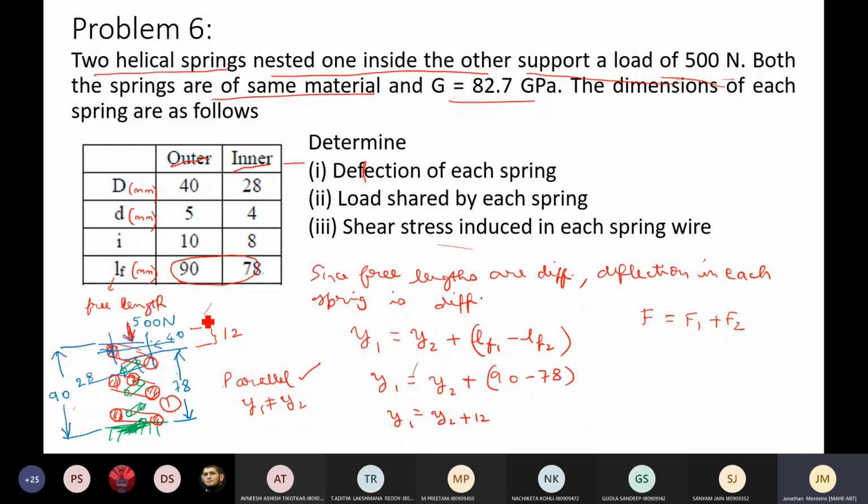Since the dimensions are different, particularly the wire diameter, the load shared will also be different. The shear stress also will be different. Of course, y1 is not equal to y2.